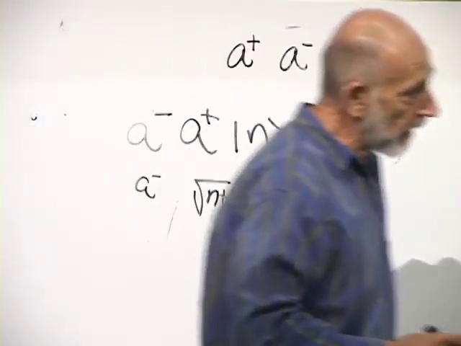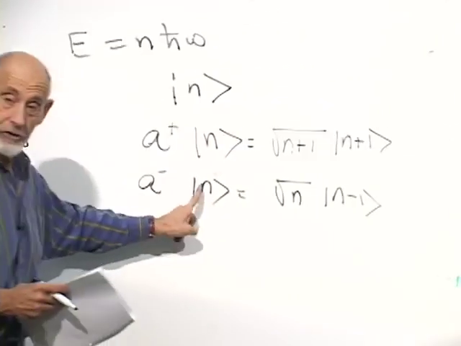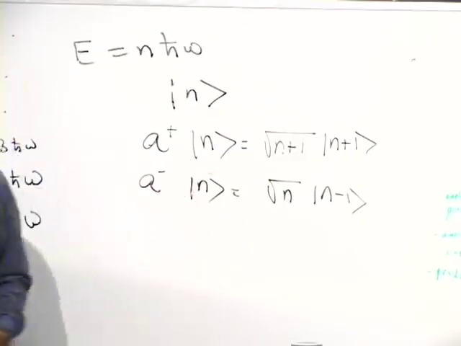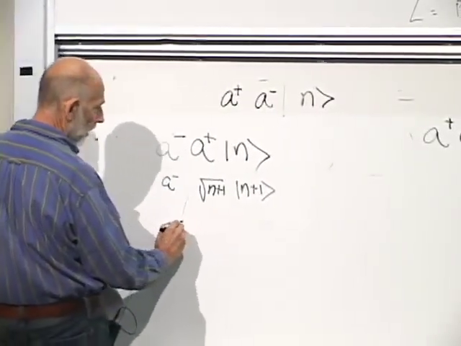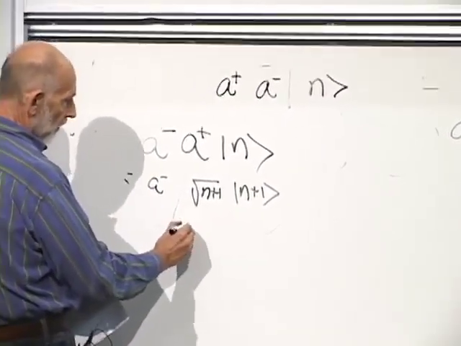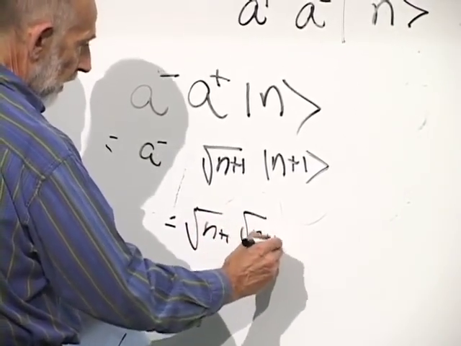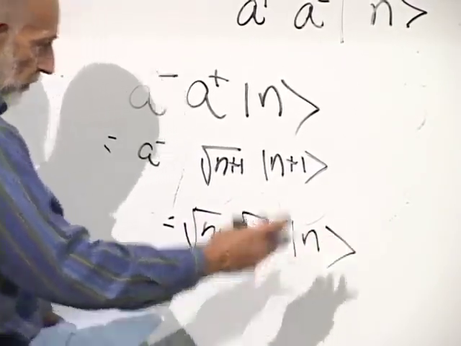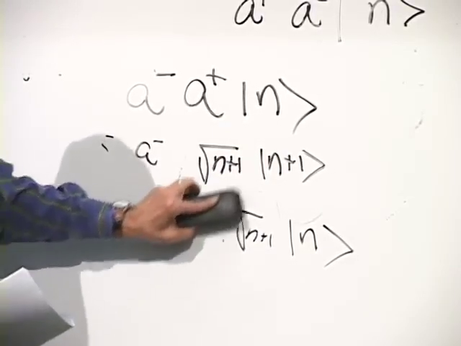Whenever a minus acts, it gives you the numerical coefficient, which is the same as the thing inside here. So that gives you square root of n plus 1 times square root of n plus 1 again times n. It brings you back down, but gives you an overall factor of n plus 1.